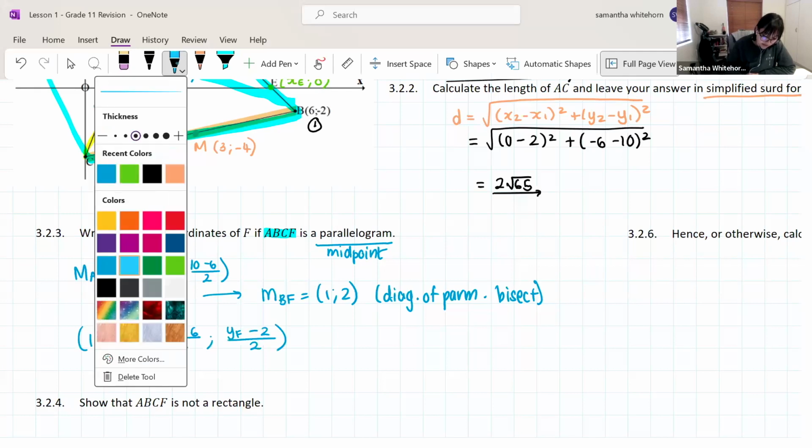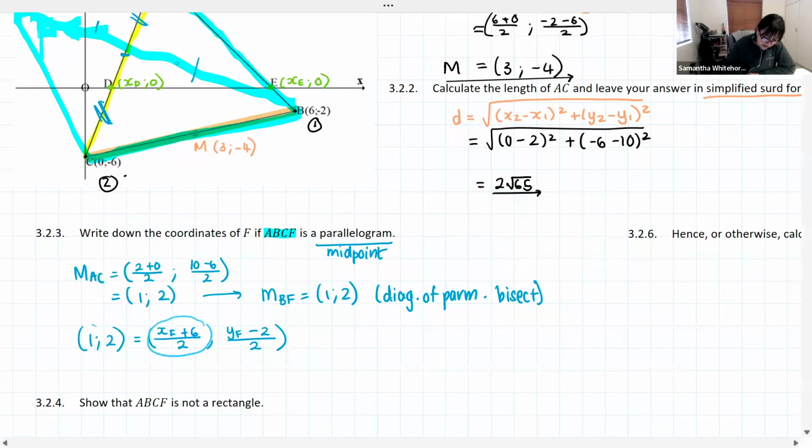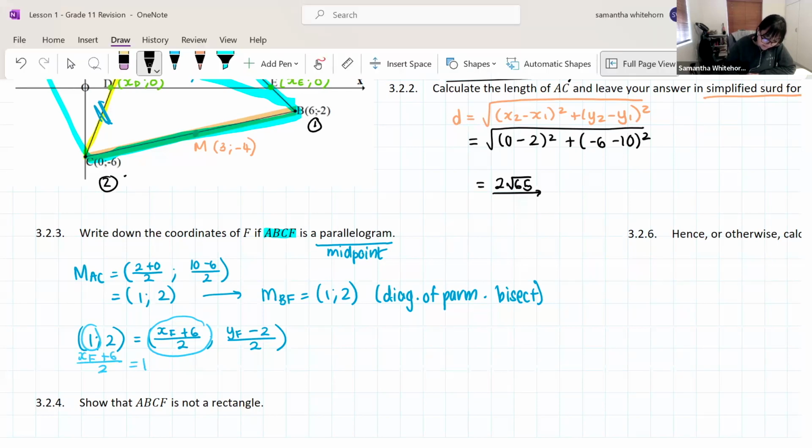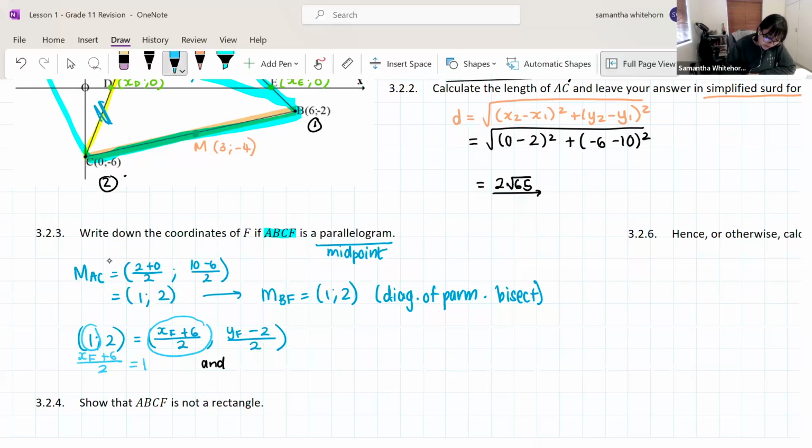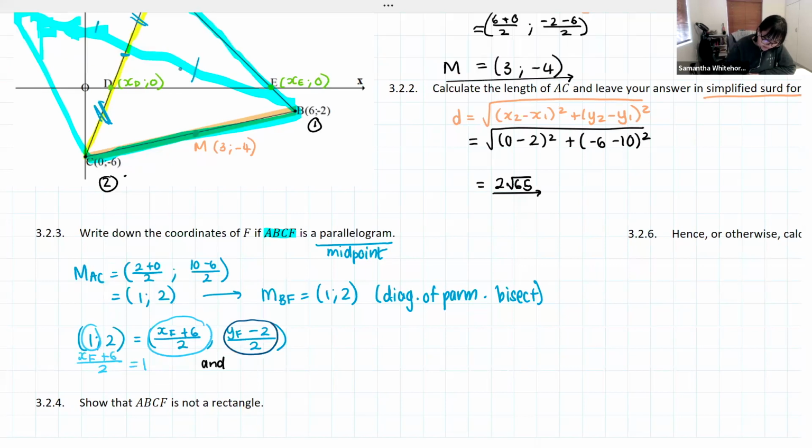We're now going to take the x fraction and make it equal to 1, because we know that whole fraction must simplify to 1. And we can now say the y fraction must be equal to 2. So this is why the midpoint formula is so nice. It's because you can separate them. And now you just go and solve for x and y.